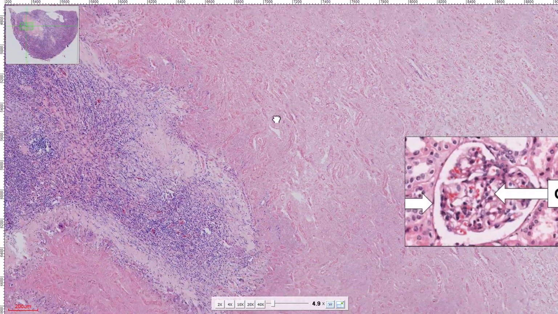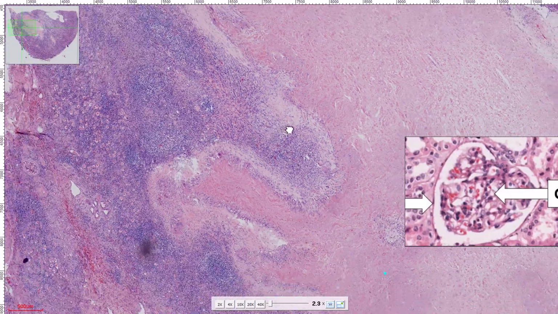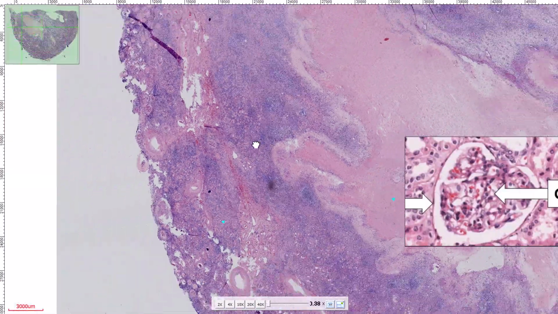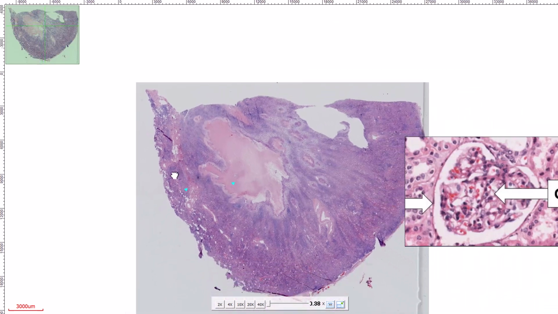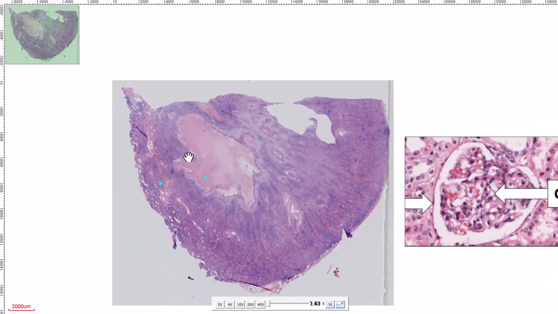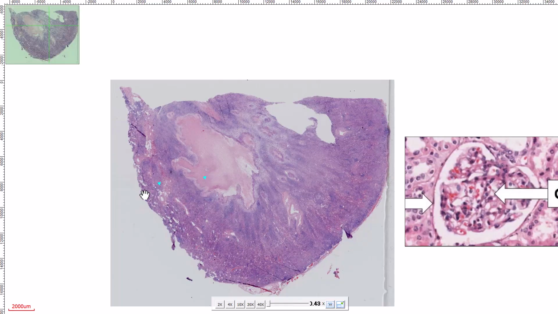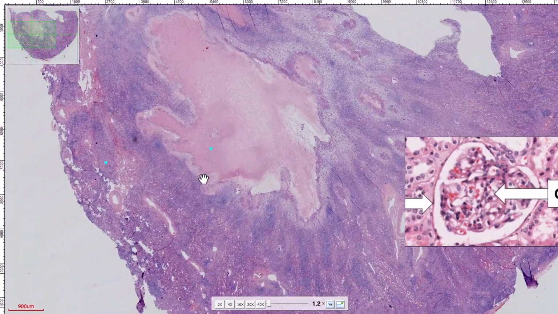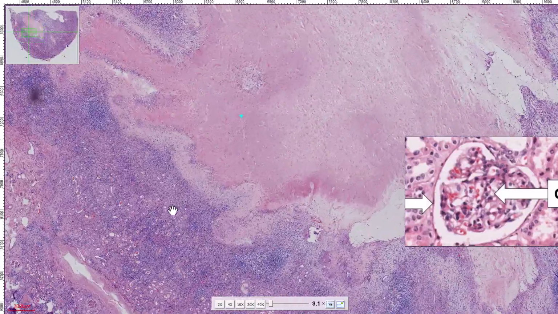So before ending this video, I want to show you the remainder of the tissue, because here, if I start on less magnification, you can see here we have necrosis, but in the surrounding tissue we do not have necrosis, but the surrounding tissue is not normal.